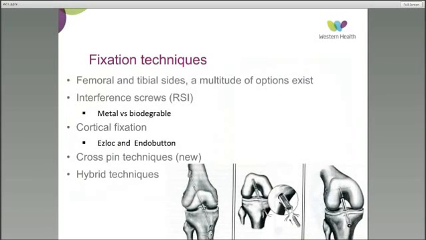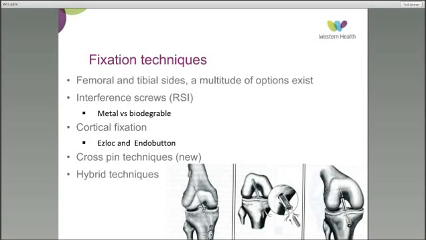There are a number of fixation techniques for ACL and instrumentation, which I haven't talked about. There's a huge variation in instrumentation from each of the companies that you can use as guides for your tibial and femoral tunnel insertion.